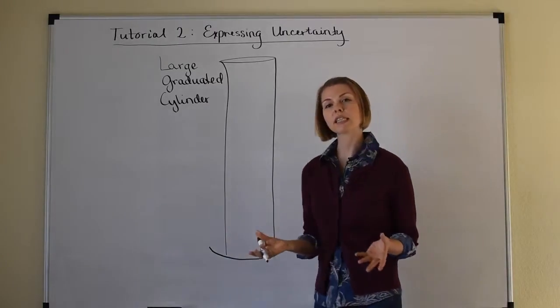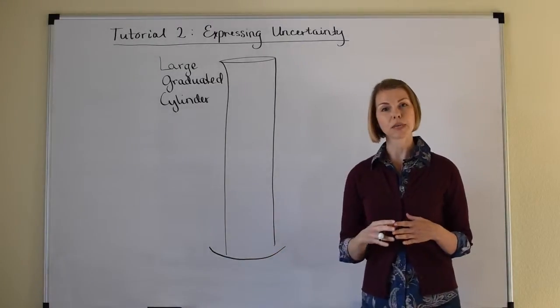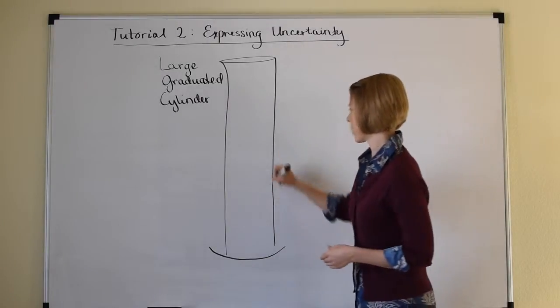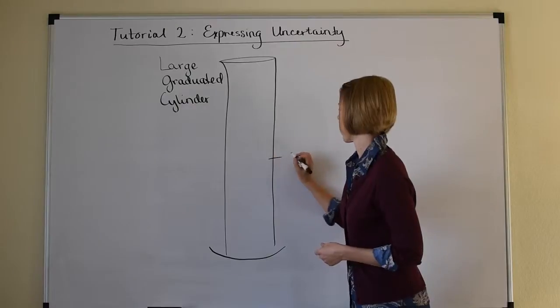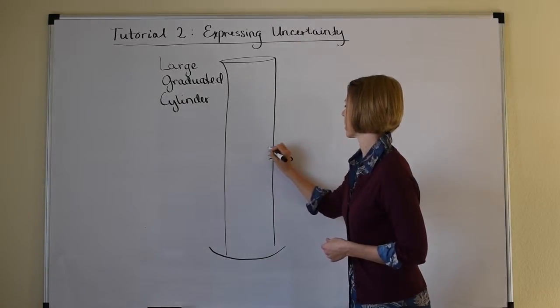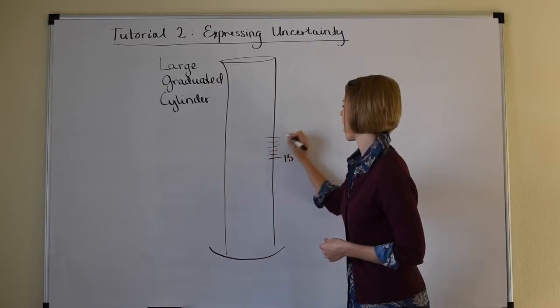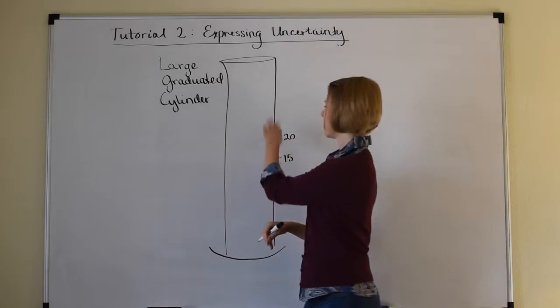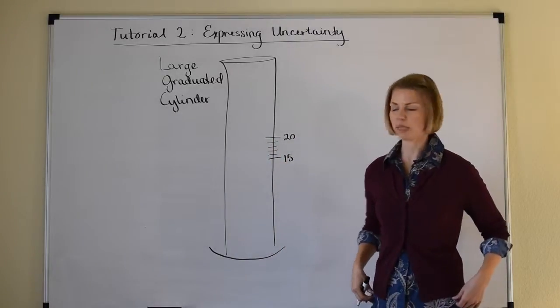And your large graduated cylinder is going to have increments measured off for every whole milliliter. So I'm not going to make 25 tick marks here. I'll just go ahead and make one for 15, 16, 17, 18, 19, and 20 milliliters. Okay, so I'll just measure off a few tick marks on your large graduated cylinder.